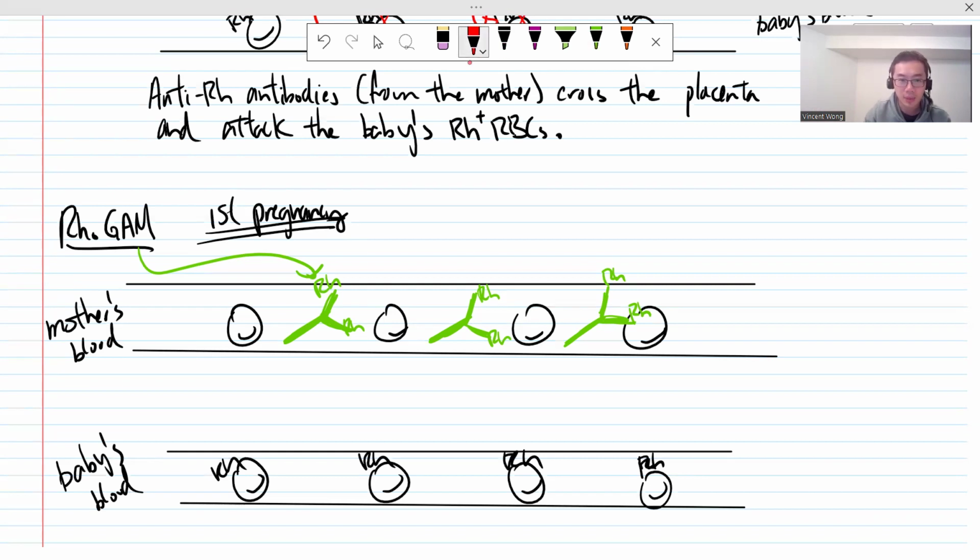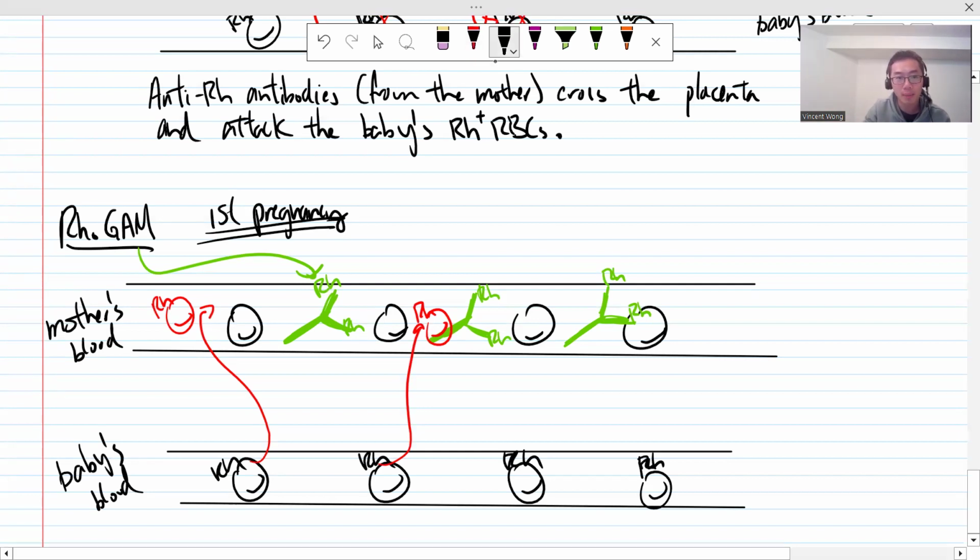Let's say the placenta was damaged and the baby's blood goes into the mother. Okay, like that. The baby's blood goes into the mother. But because we gave the mother the RhoGAM, it is going to destroy all the positive cells before her immune system is activated.